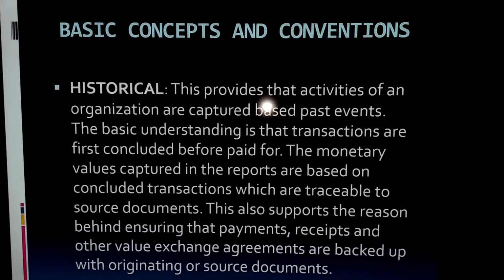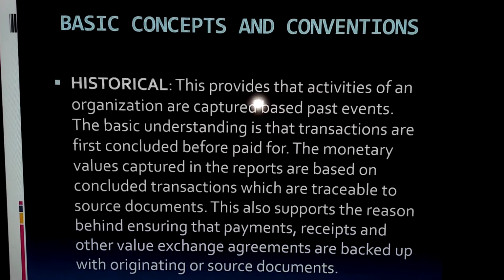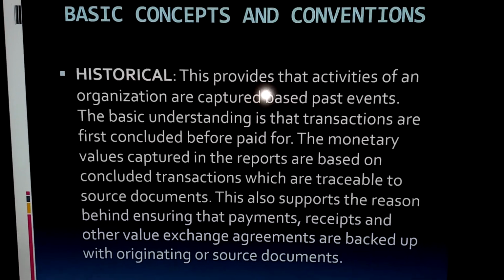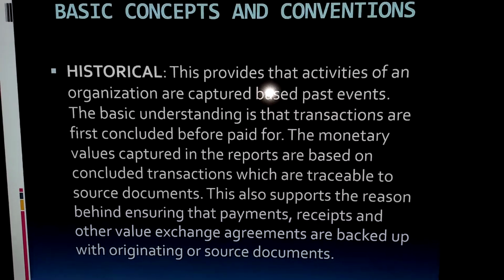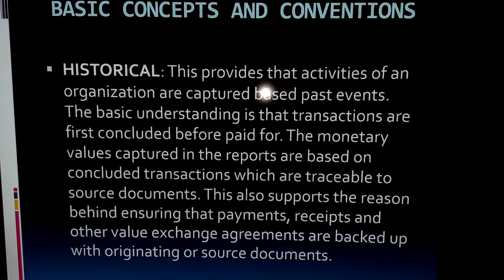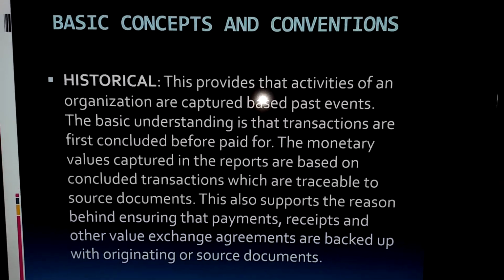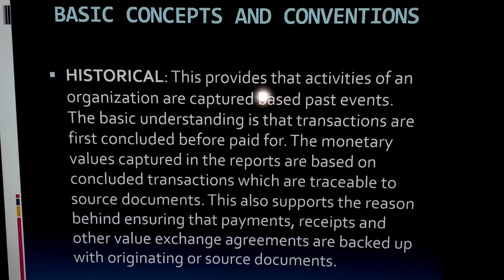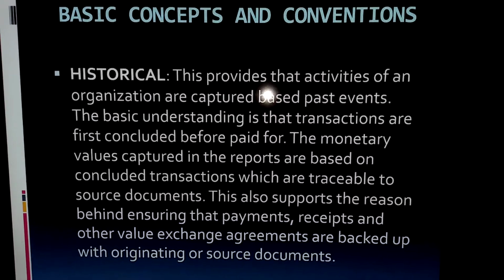That is why we have what we call the source document. Every transaction must have an origination. So you have an originating document or source document to back up the transaction. Where you are trying to trace a particular item, you have a source document to back it up, because the transaction has already happened. It is historical, but if you must check, you check through what? A source document.